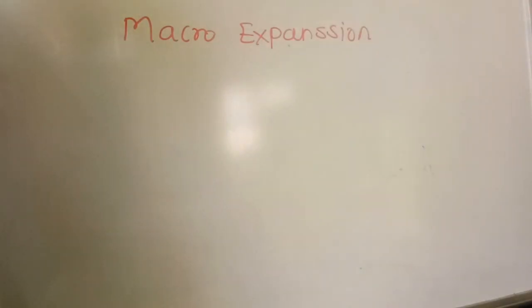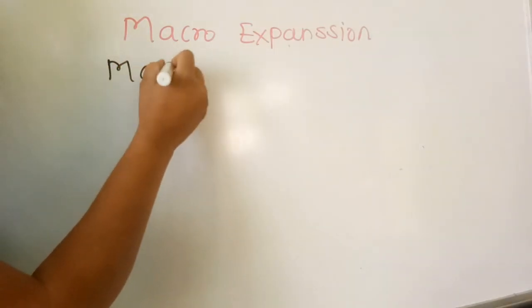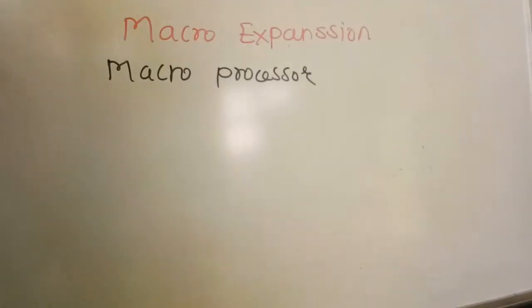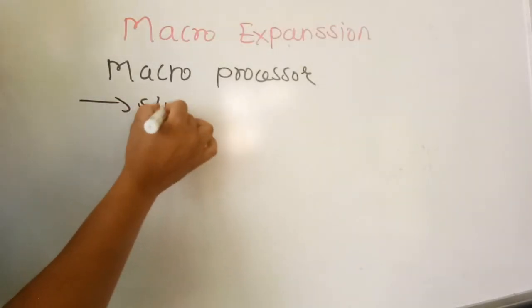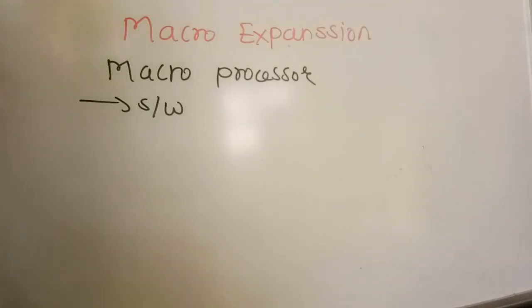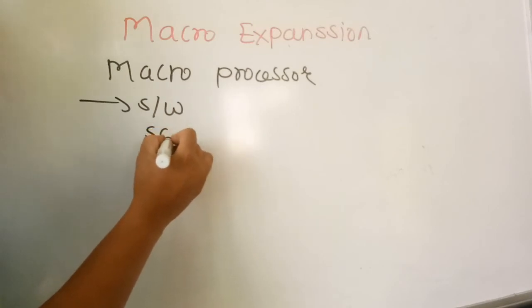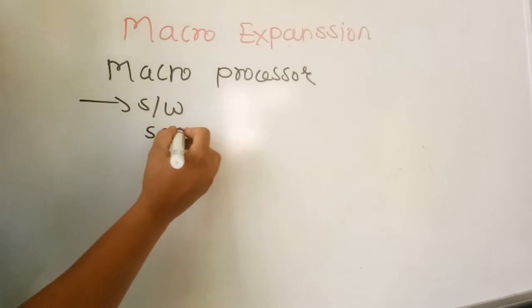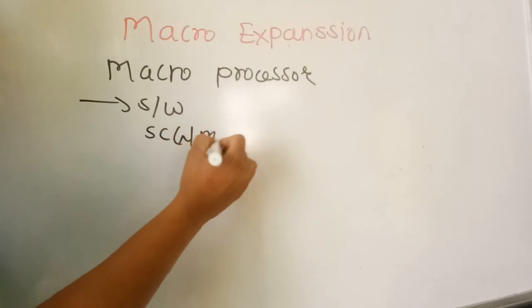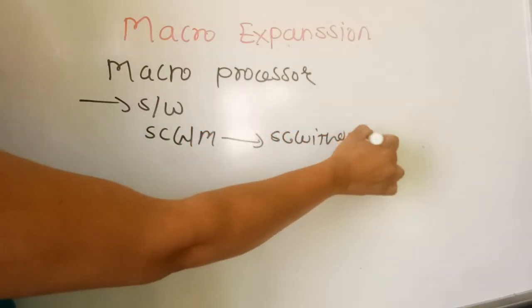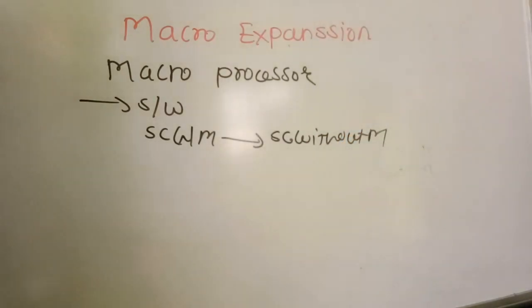Before that, we will again take a short overview of the macro processor. What is a macro processor? It is software which converts source code with macros into source code without macros, so that it expands the main program.